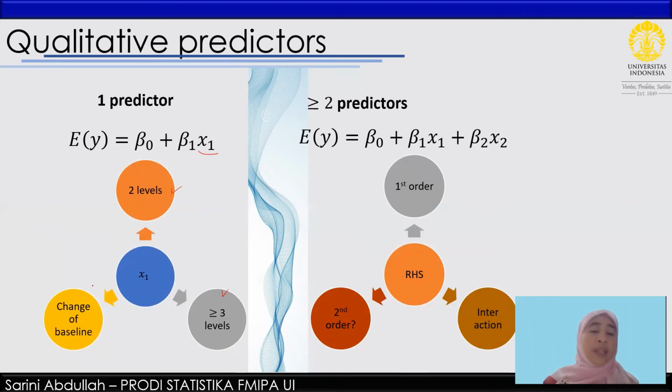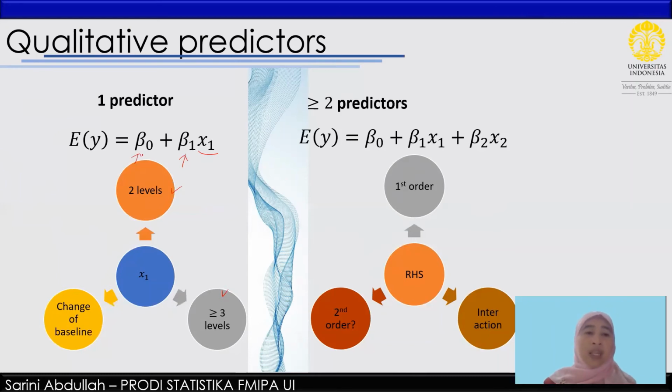So we need to think about which category or level I should set to be the baseline, or what if I change the baseline? What is the effect of changing the baseline on the estimated value of the regression coefficient?